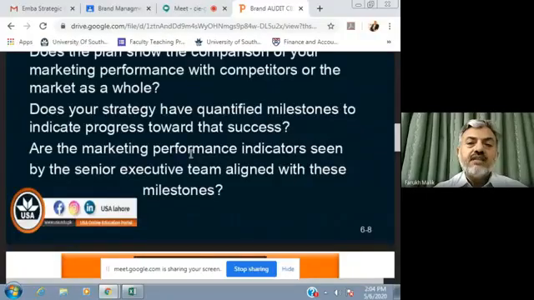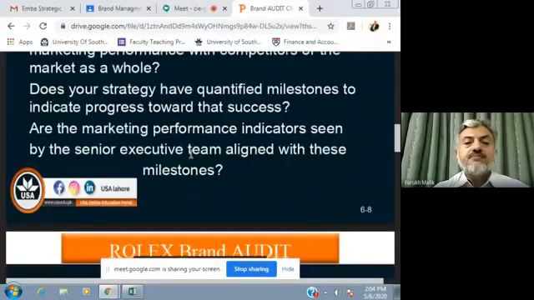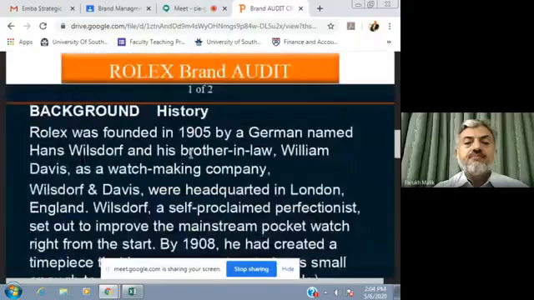This is what we need to do every quarter, and that's how it would translate into a milestone over a year's time, right? Are the marketing performance indicators seen by the senior executive team aligned with these milestones? If they're aligned with these milestones, that means that you are moving in the right direction.